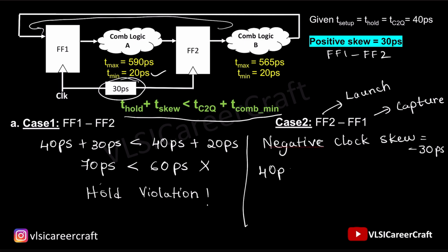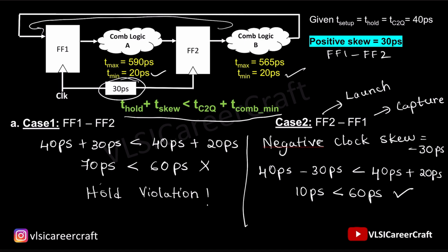Now, on substituting the values, in this case also we have T minimum as 20 picosecond. So that gives us 10 picosecond less than 60, which is true. So there is no hold violation in path 2.